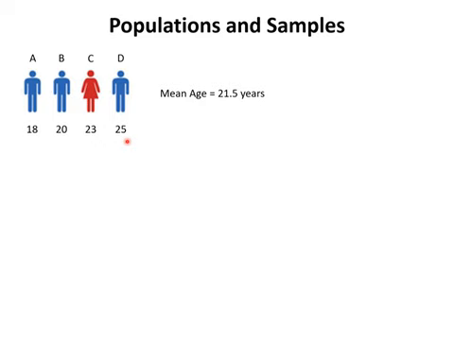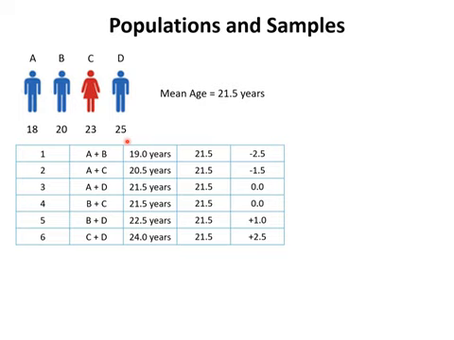If you take a sample of 2, these are the ages you will get, and this is the true age of the target population. Sometimes you are far from the target population age, sometimes you are accurate. In general, if the sample consists of 2, you will get a variation from the true value, either below or greater by 2.5.